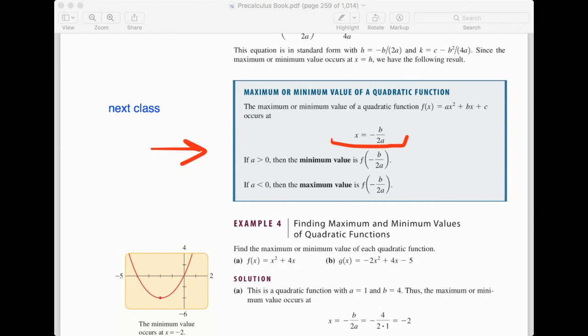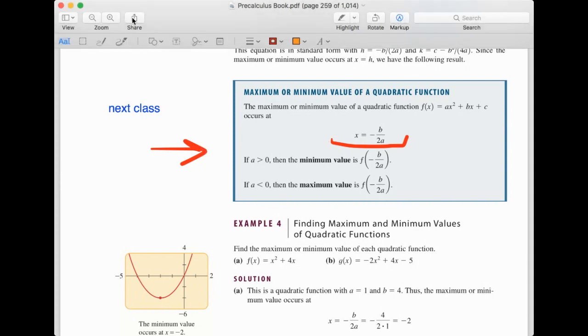So today I'm going to focus on this one. Let me also write on this. So this is one of the standard forms here: f of x equals ax squared plus bx plus c.